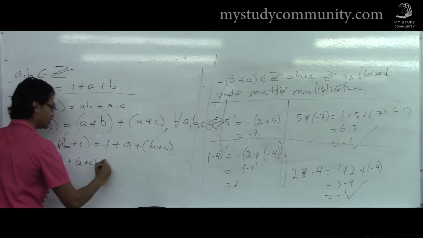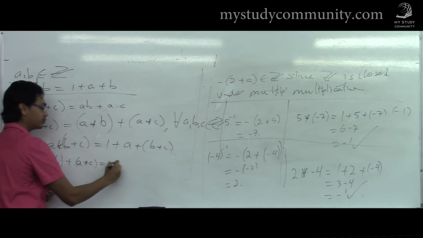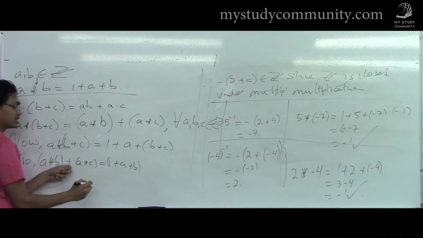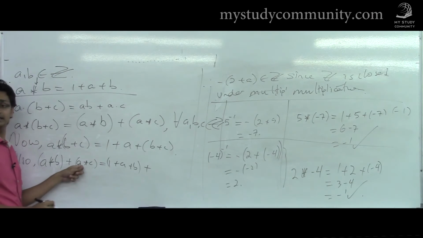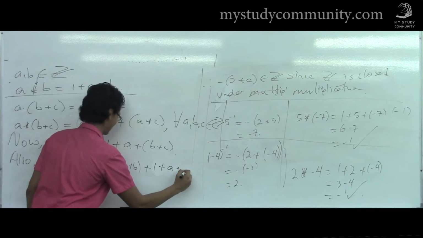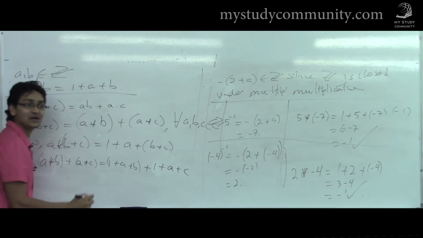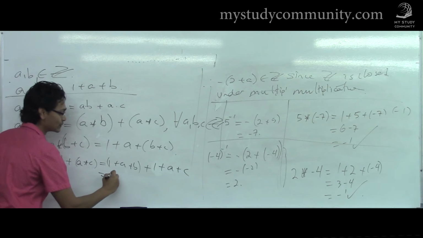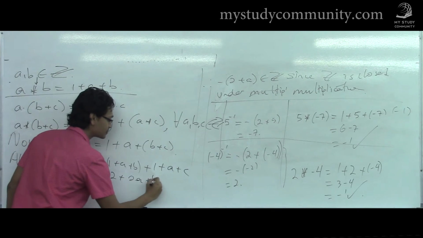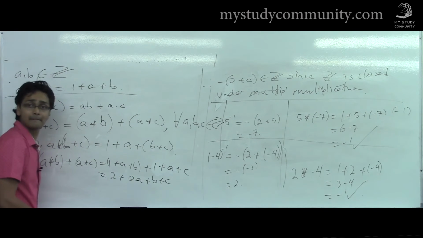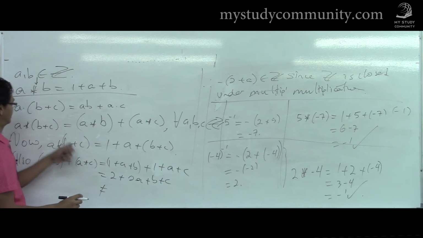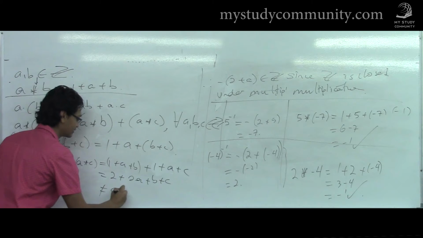This is equal to 1 plus A plus B, the 1 comes out from nowhere, plus A star C, 1 plus A plus C, which simplifies to 2 plus 2A plus B plus C, yes? And this is not equal to this.